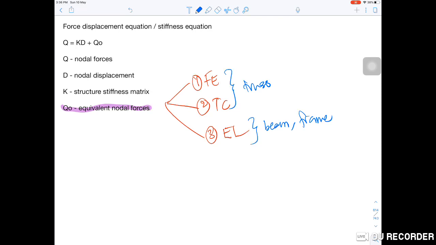Okay, for fabrication error, we have the formula to distribute to the nodes. For a truss, a member has 2 nodes, meaning 4 degrees of freedom, so we have to distribute this into 4 values according to the degrees of freedom. Same goes to temperature changes, as well as external loading.